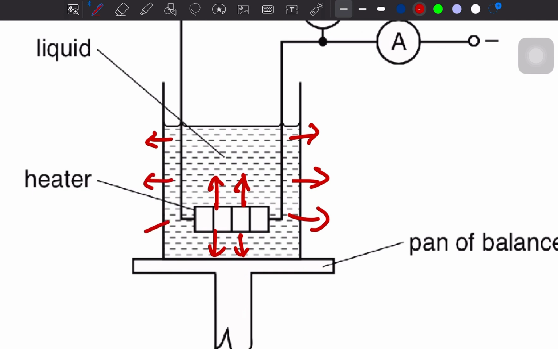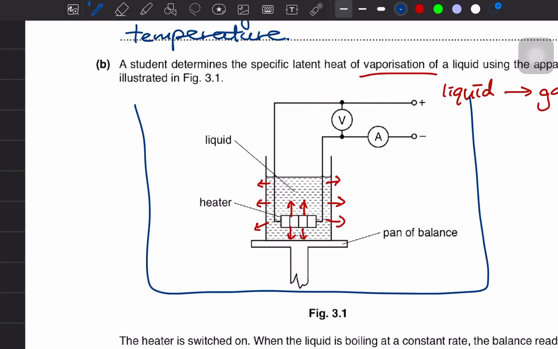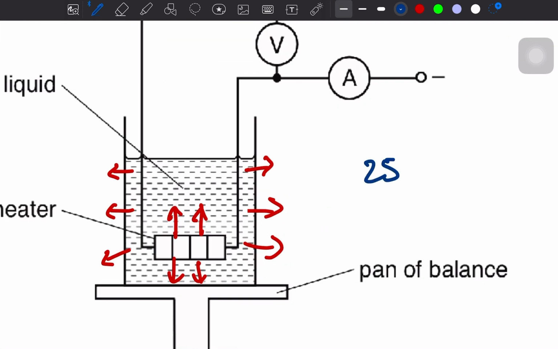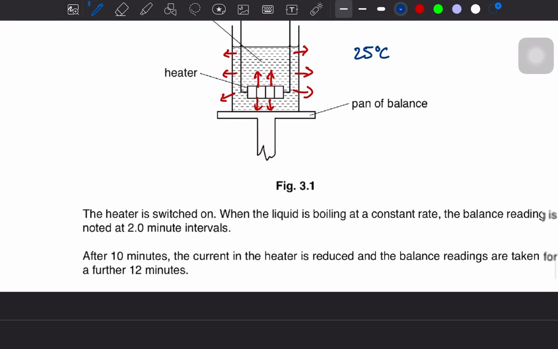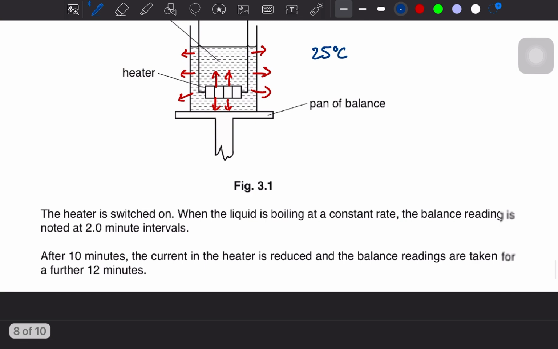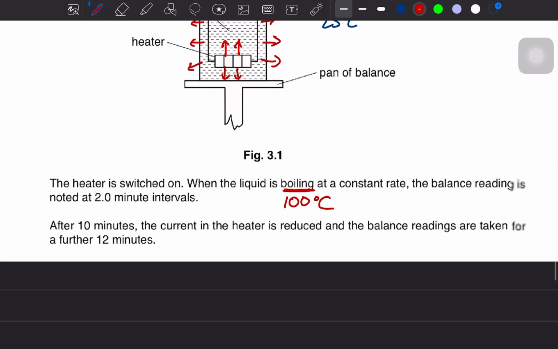Because if you try to imagine it, let's say we're in a normal room right now, and the room is probably maybe 25 degrees Celsius, but this liquid right here, if you continue reading, you'll see that when the liquid is boiling at a constant rate, this means that the liquid is at 100 degrees Celsius constantly while the heater is on.